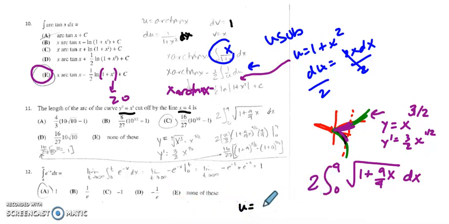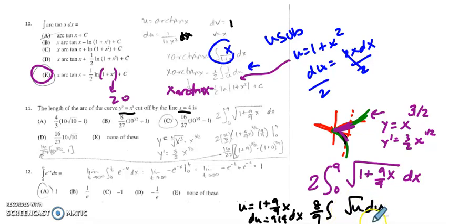My u is my inside function, 1 plus 9/4 x, and my du will just be 9/4 dx. And I don't need that 9/4, so I end up multiplying by 4/9 on the outside. So 4/9 times 2 is 8/9 here, and then I have the square root of u du.